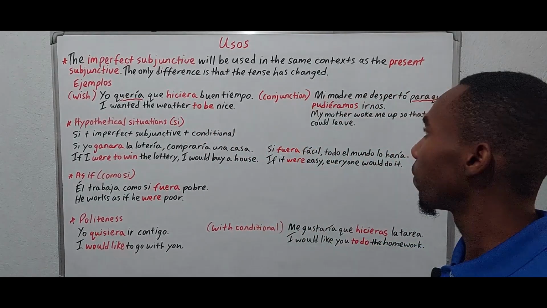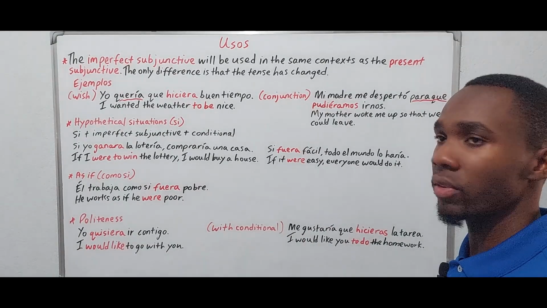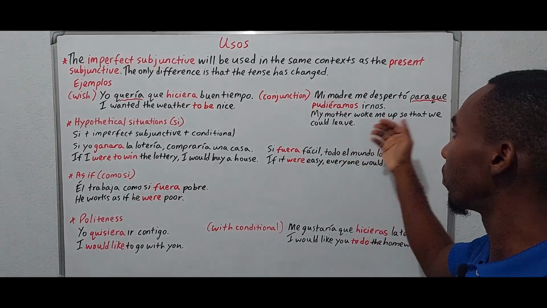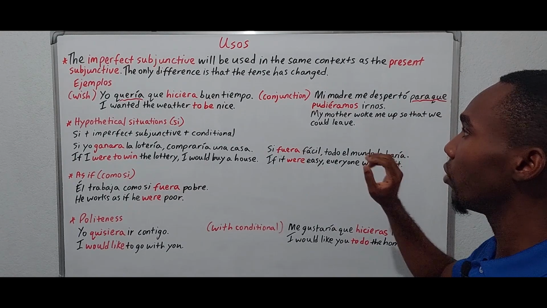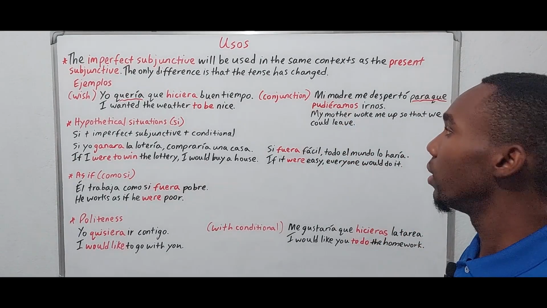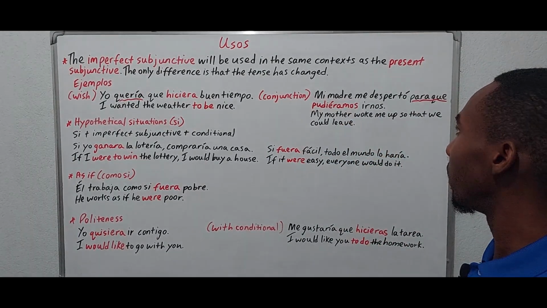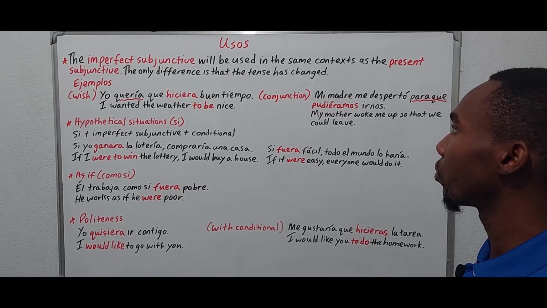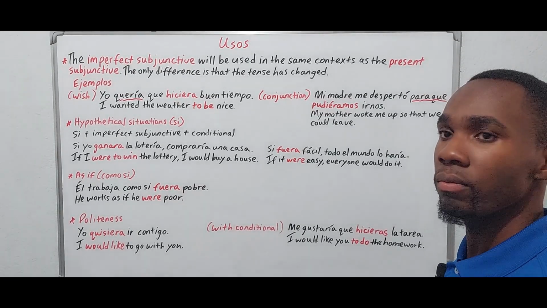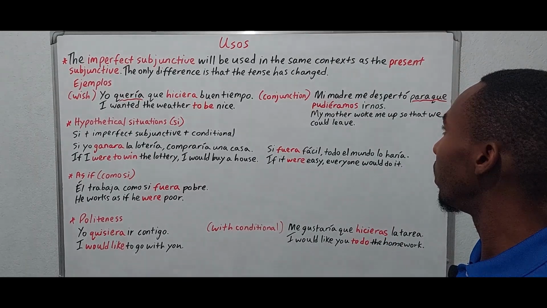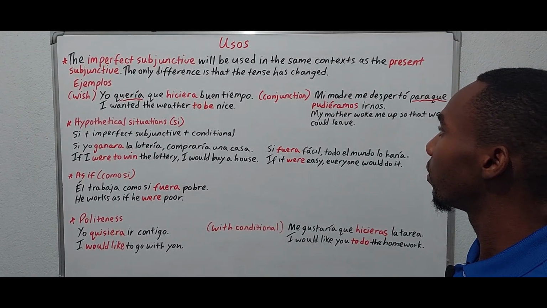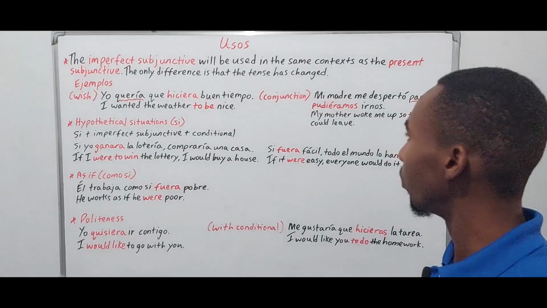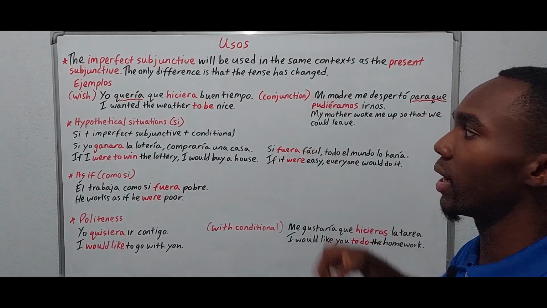Same thing over here. You know that we use the subjunctive with certain conjunctions. Para que, right? So let's look at this example. Mi madre me despertó para que pudiéramos irnos. My mother woke me up so that we could leave, right? This is actually the part I should have had in red.